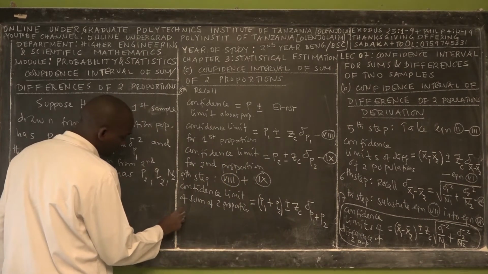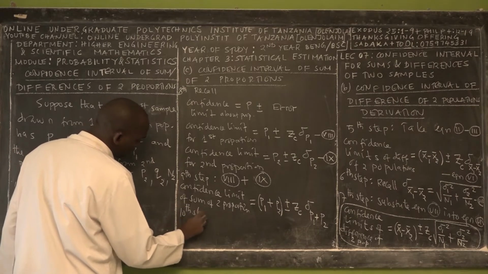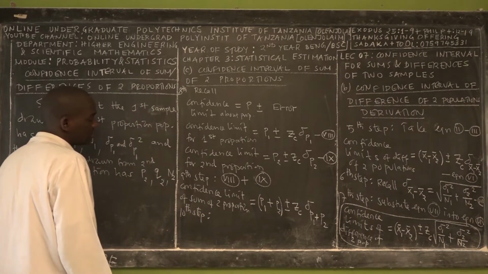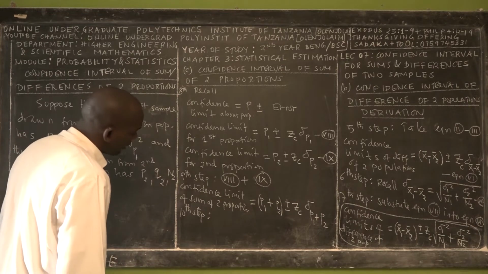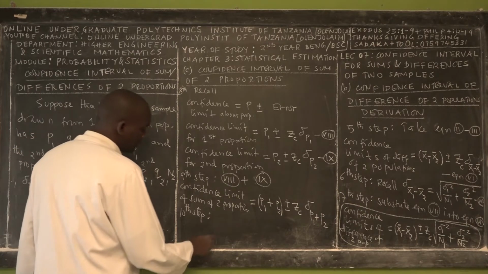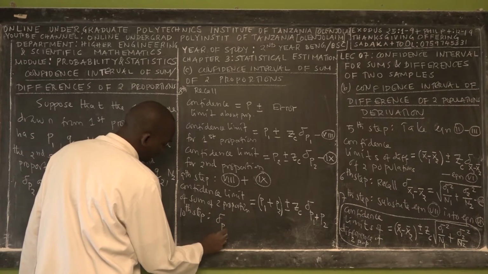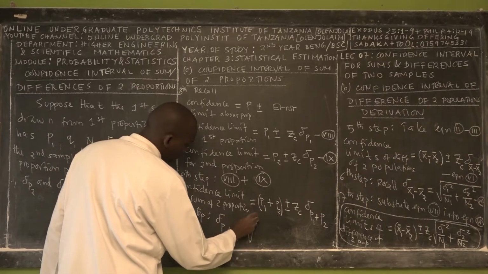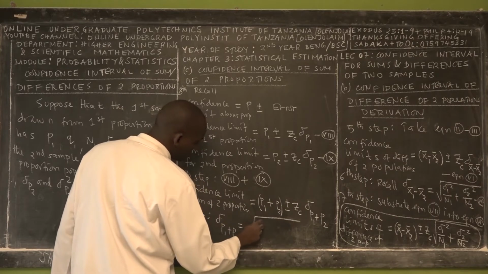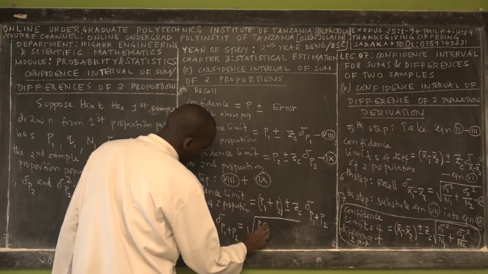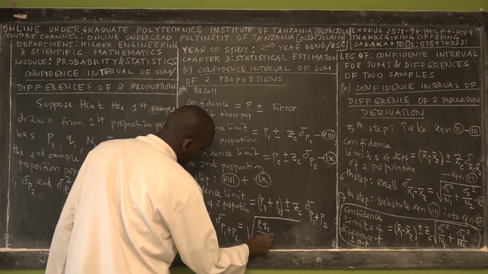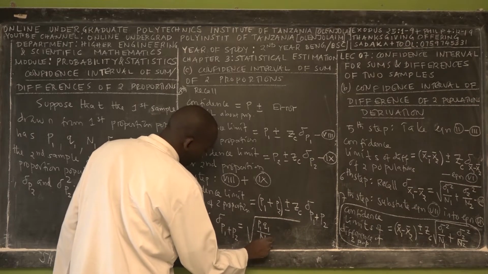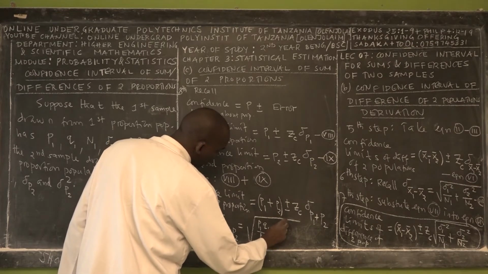The 10th step. From what we taught you in sampling distributions as a second chapter, we taught you the standard deviation of proportion 1 plus proportion 2. This is square root of what? Product of probability of success 1 times probability of failure 1 over sample size 1 plus what?